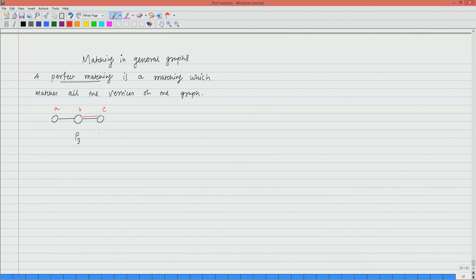Of course, the obvious reason is that P3 has only 3 vertices, and you must have noticed that you need an even number of vertices for a perfect matching. Let me give an example of another graph which has an even number of vertices, but still you can't find a perfect matching.